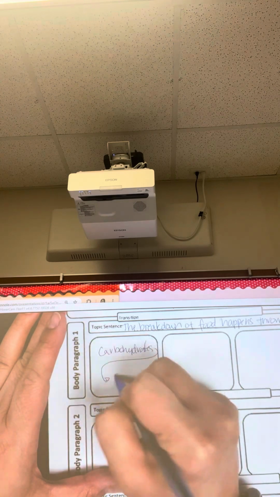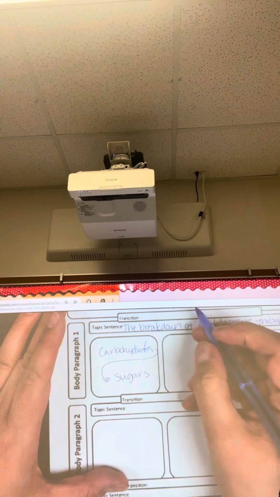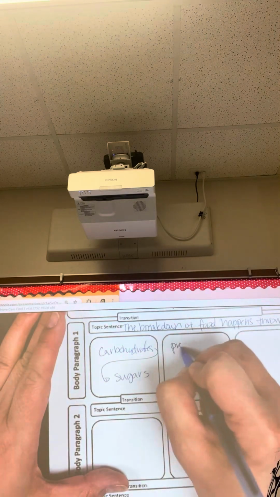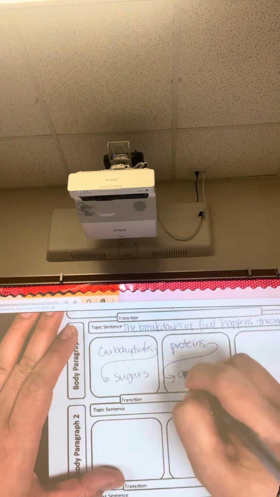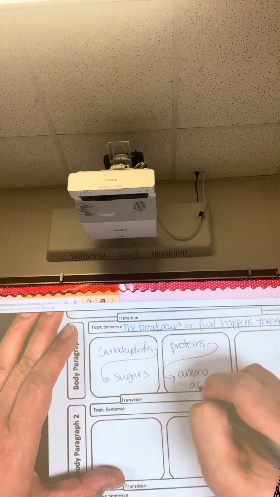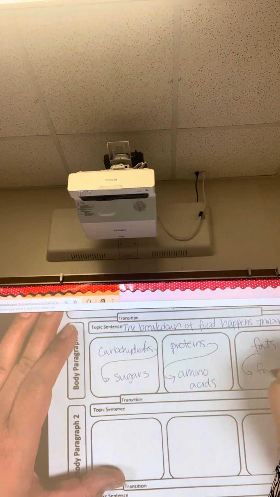Carbohydrates are broken into individual sugars. And we did proteins, which were the colorful chains, are broken down into amino acids. And fats are broken down into fatty acids.